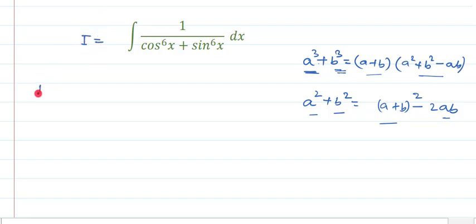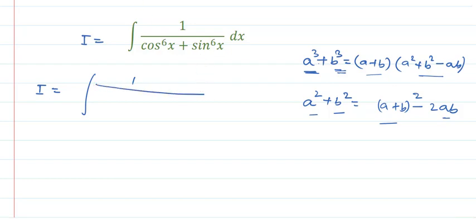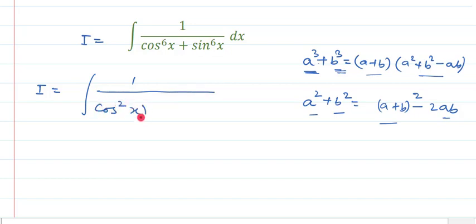Let me name it as I. So we know I is equal to 1 upon, can be written as cos power 2 x whole cube plus sin square x whole power 3 dx. Now it is a cube plus b cube.